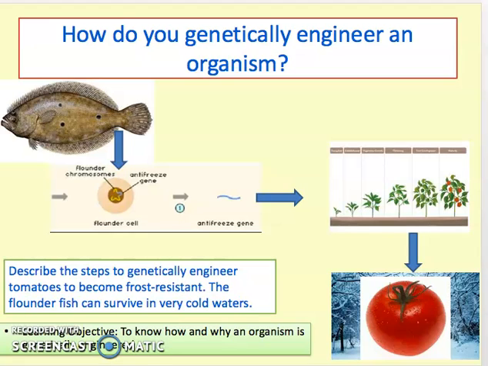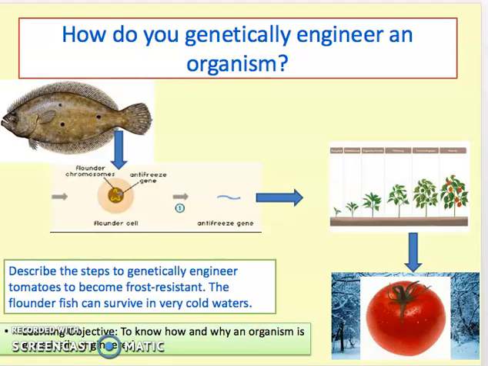So see if you can use the content and the concepts from the previous slide to work out what is going to happen. Look at the pictures on this slide and have a go at writing down the stages of genetically engineering this tomato to be frost resistant. If you would like to send your steps to me so I can have a look and mark it, that's absolutely brilliant. If not, you can show me on your return to school, but have a go and try your best.